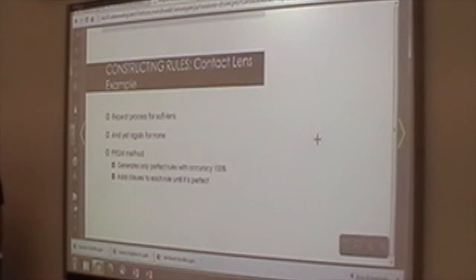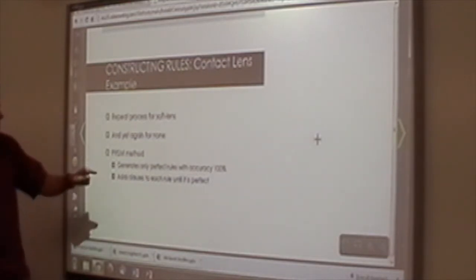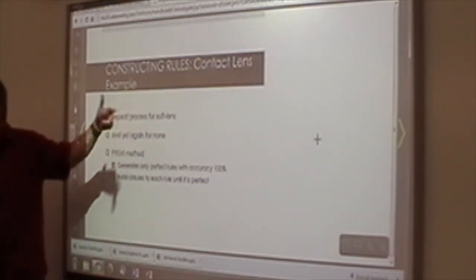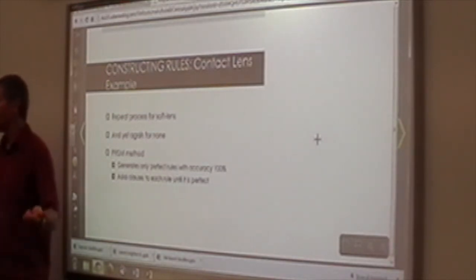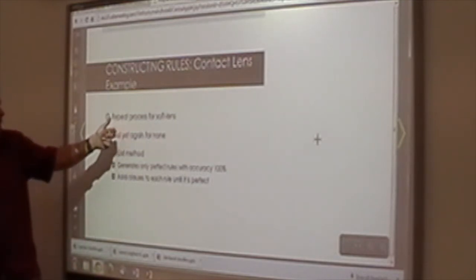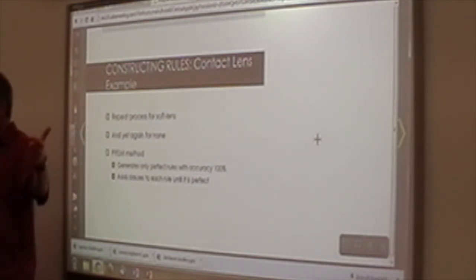Now, I got ahead of myself a little bit ago. Now we're going to repeat the process looking at all the soft lenses. And yet again for none, although by the time you're done with the soft lenses, you can just say everything else would be neither.